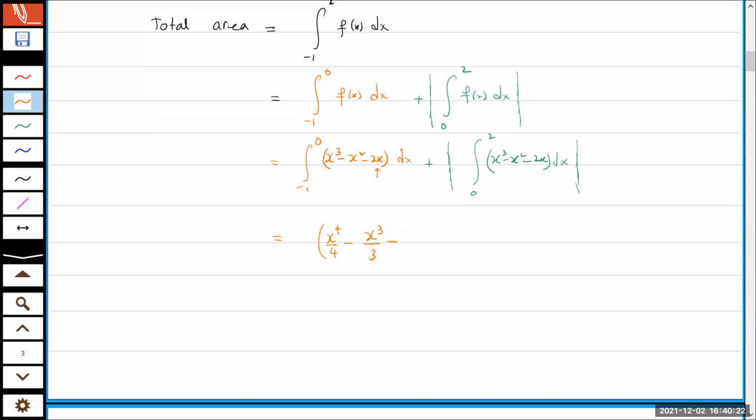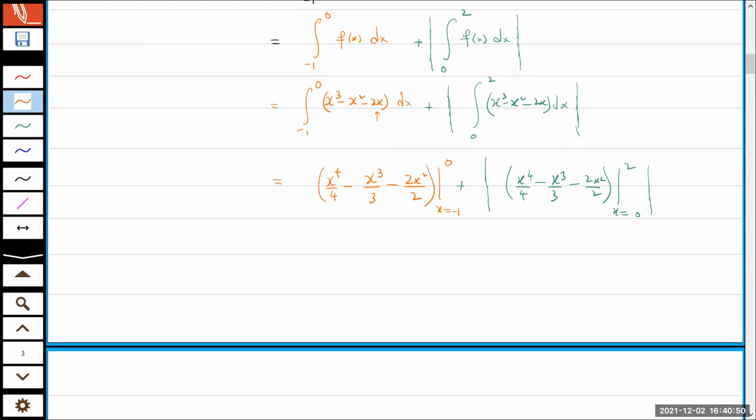Negative, this gives me 2x squared divided by 2, and my x goes from -1 up to 0. Similarly here, the antiderivative is the same. x to the 4 divided by 4, x cubed divided by 3, 2x squared divided by 2, x equals, in this case, 0, and goes up to plus 2.